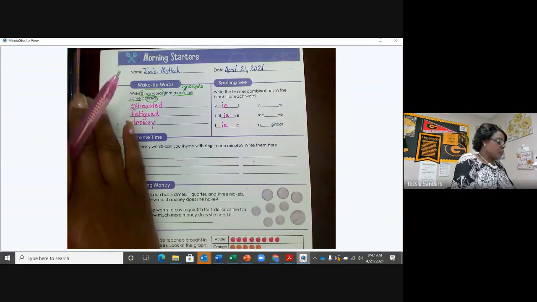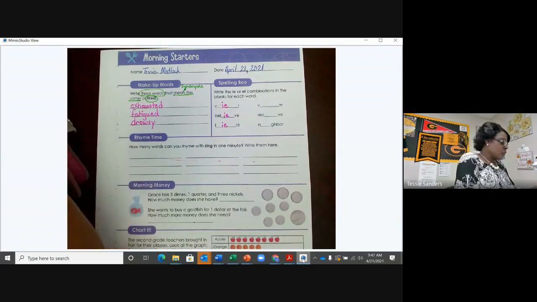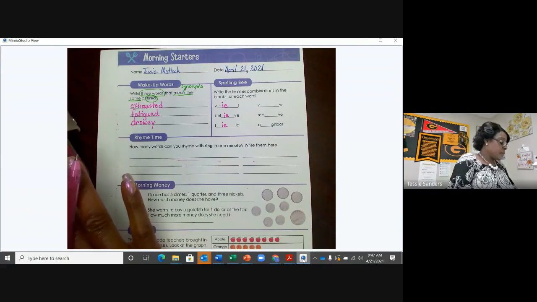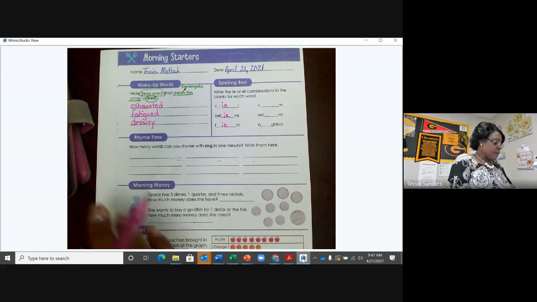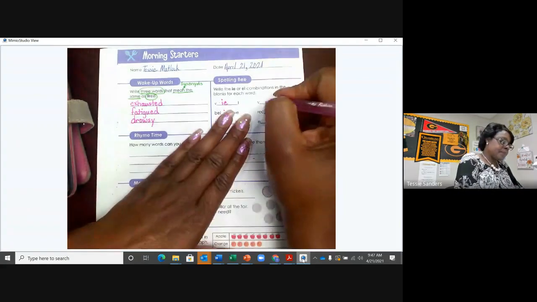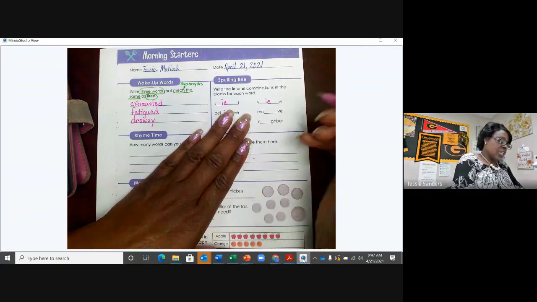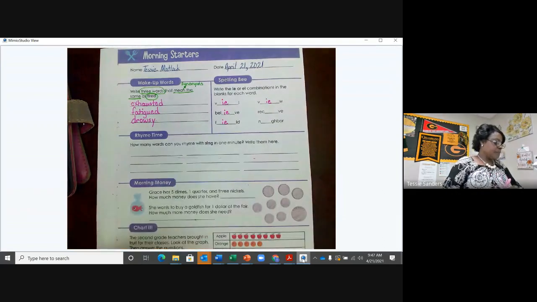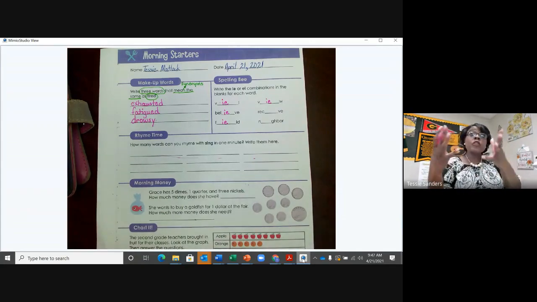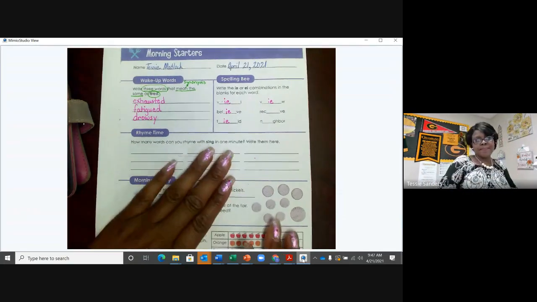And view. How would we spell view? VIEW. Look at the beautiful view of the beach.